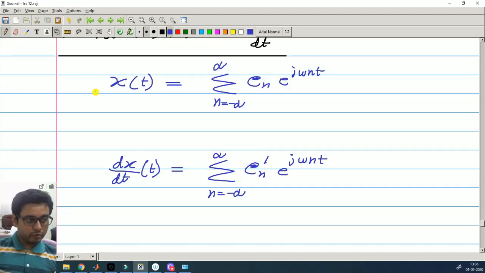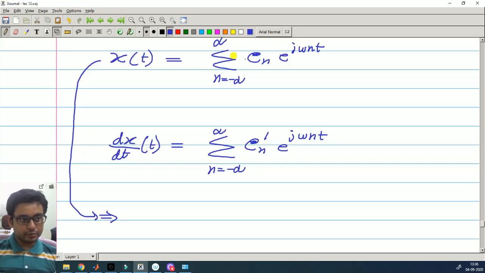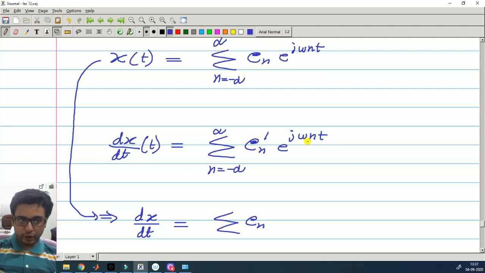Okay, now from here if you differentiate both the sides with respect to time, we will have dx dt is equal to sum over Cn, which are constants, then derivative of e to the power j omega n t is e to the power j omega n t multiplied with j omega n.